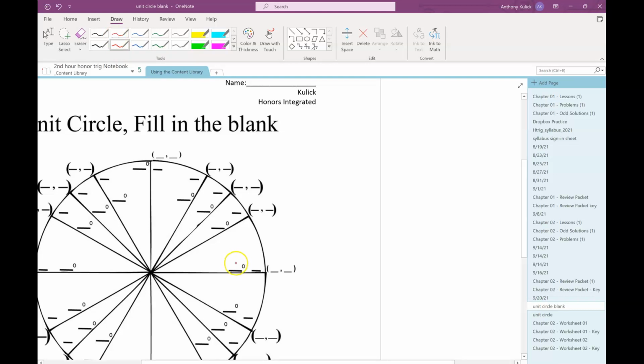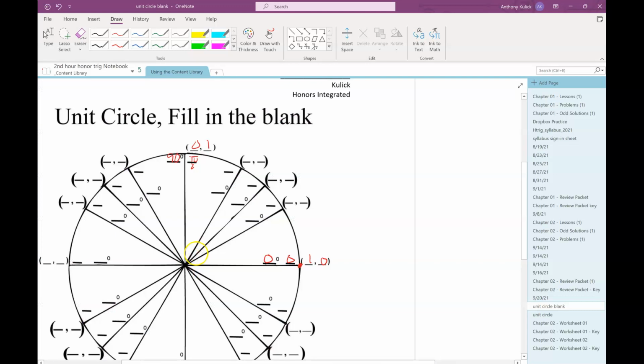So let's say we look at 0 degrees or 0 radians. What does the point here have to be on a unit circle? 1, 0, right? The x-coordinate is 1. We've gone 1 over and 0 up. Cool with that? Similarly, we can fill in 90 degrees or pi over 2 radians as 0, 1.